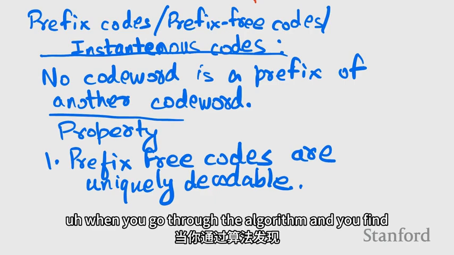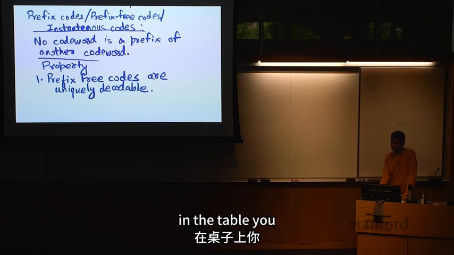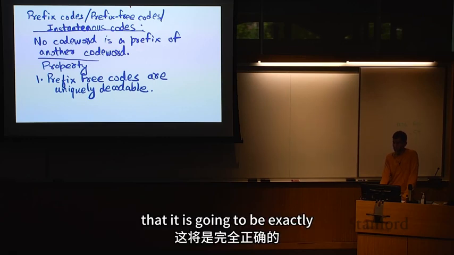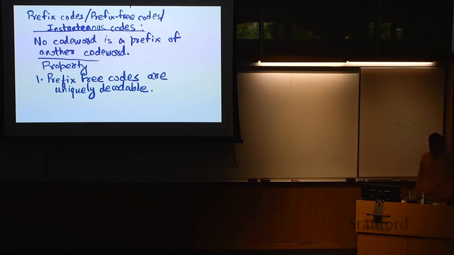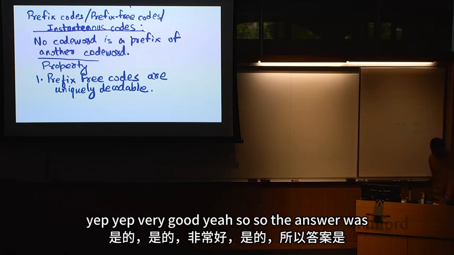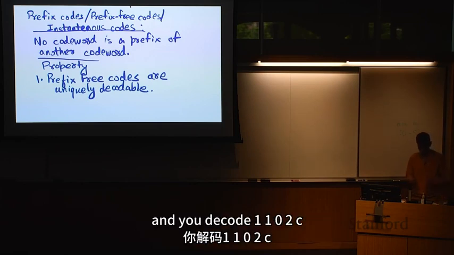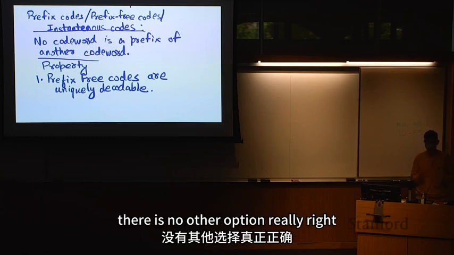When you go through the algorithm and you find C in the table, you are 100% guaranteed that it's not just a part of another code word. It is going to be exactly C or exactly whatever you find. Yeah, very good. So as you are doing the decoding, and you decode 110 to C, you know it has to be C. There is no other option really.